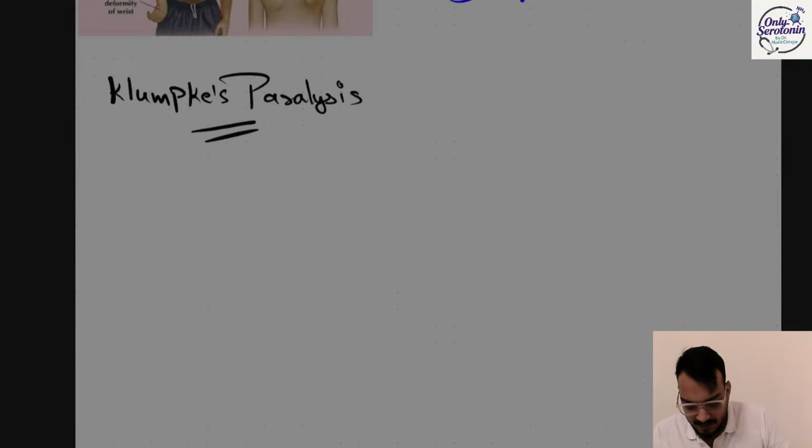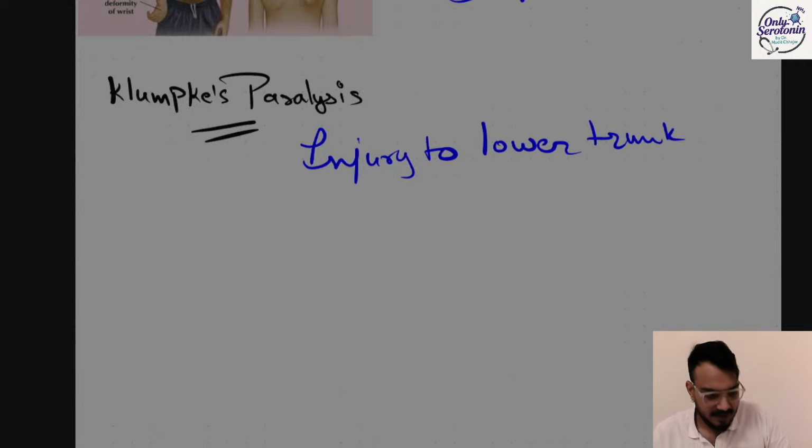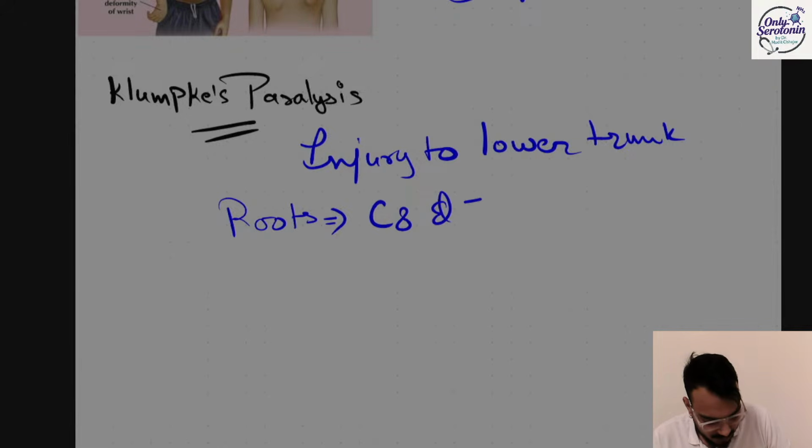In Klumpke's paralysis, it is what, guys? It is the injury to the lower trunk. What are the roots which are going to get affected, guys? The roots which are going to get affected are C8 and T1.